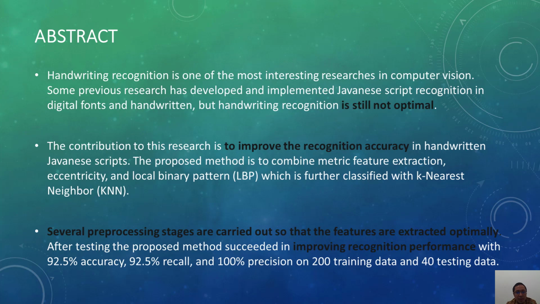Several processing stages are carried out so that the features are extracted optimally. After testing, the proposed method succeeded in improving recognition performance with 92.5% accuracy, 92.5% recall, and 100% precision on 200 training data and 40 testing data.